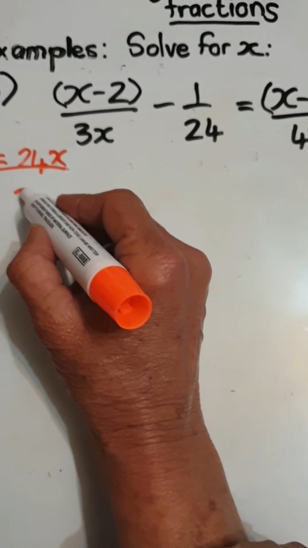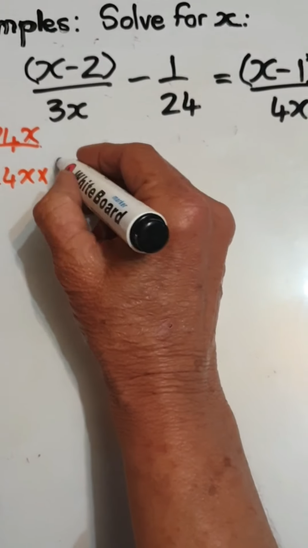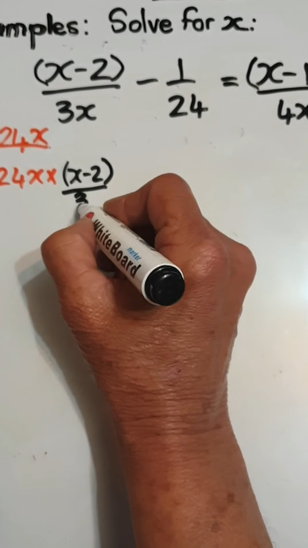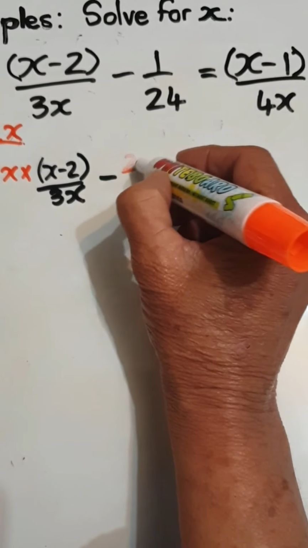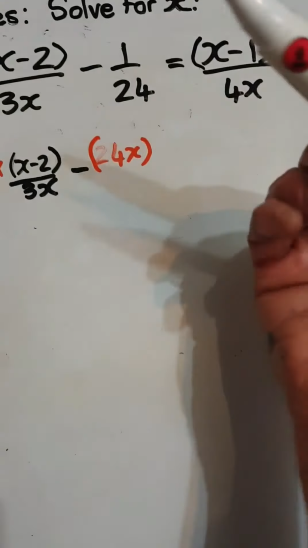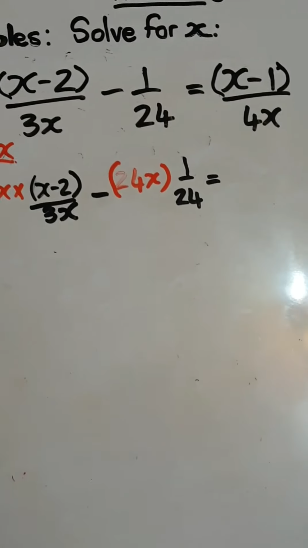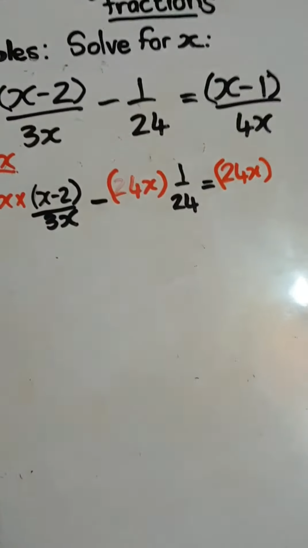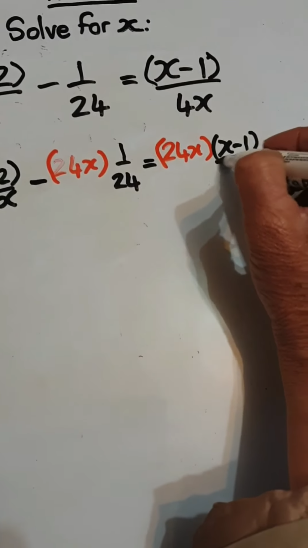So I'm going to say 24x times the first term, which is x minus 2 over 3x, minus 24x times 1 over 24, must be equal to 24x times my fraction on the right hand side, which is x minus 1 over 4x.